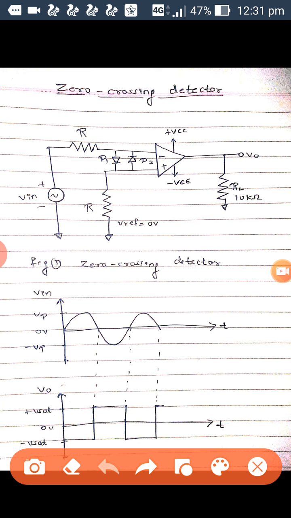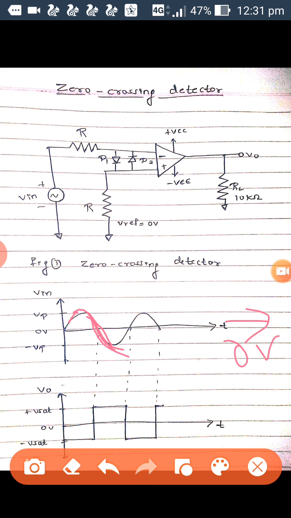Now whenever the input V in passes this zero line, this is our reference line, that is 0 volts, ground level, in a negative going direction, then what happens?